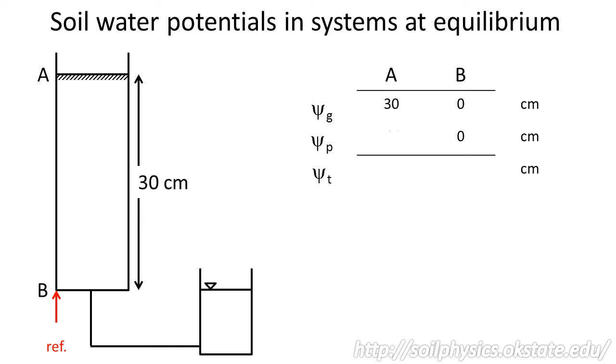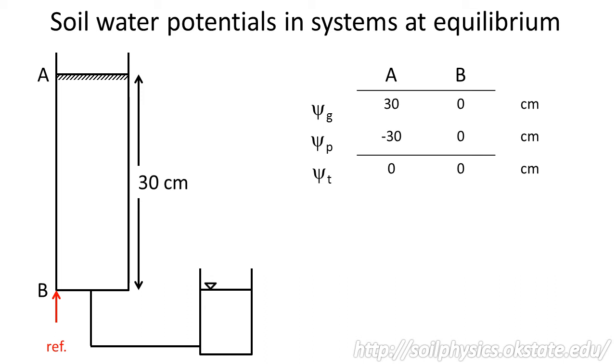The pressure potential at B has to be 0 because it's at the same elevation as, and hydraulically connected to, the free water surface. Therefore, the total potential at B is 0. Since the system's at equilibrium, the total potential at A is 0. Therefore, the pressure potential at A has to be minus 30 centimeters.